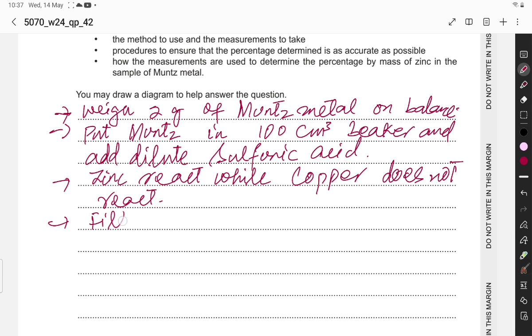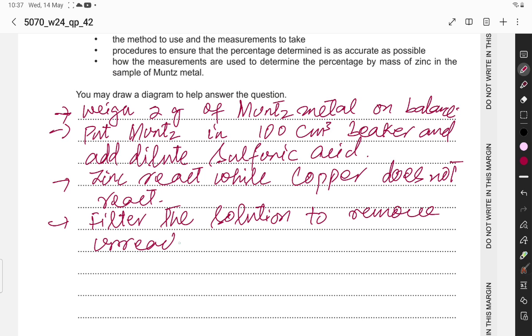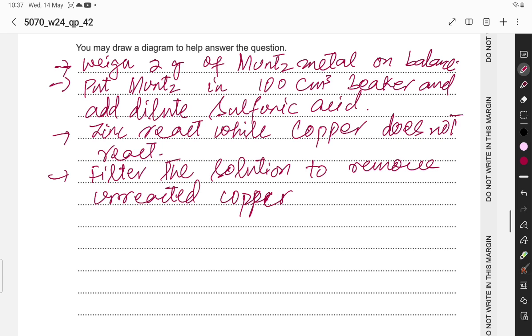Filter the solution to remove the unreacted copper by using a filter funnel and filter paper.